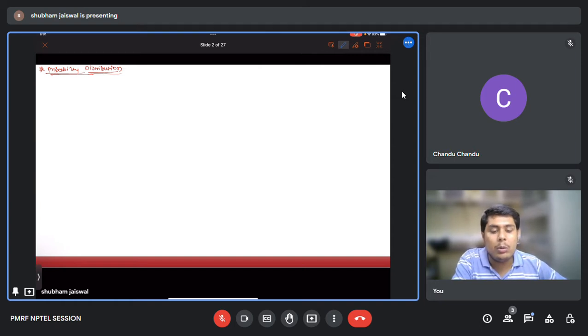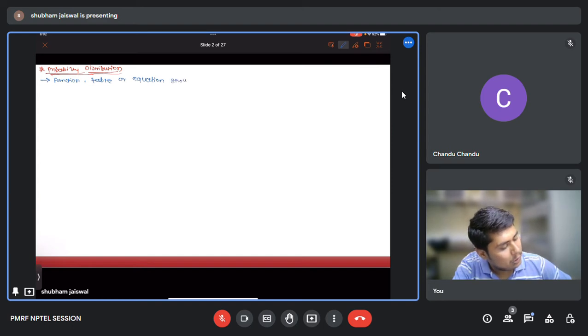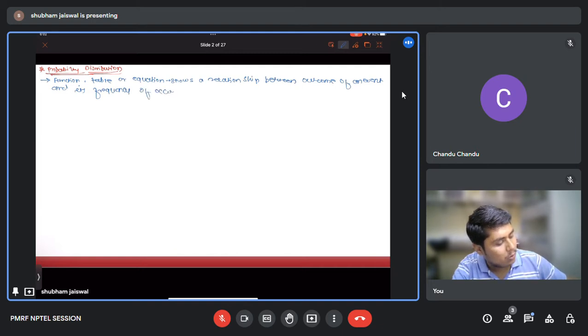So, what is probability distribution? It is a function, table, or equation that shows the relationship between the outcome of an event and its frequency of occurrence.